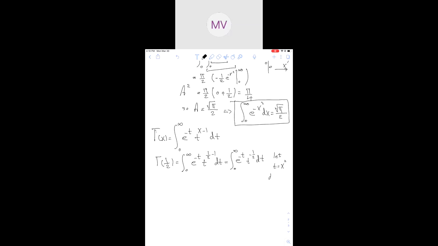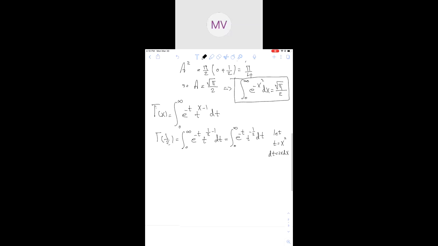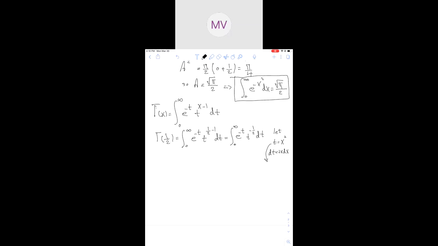First of all, dt is 2x dx. Good. And from here, if you raise both sides to the negative half, you'll see it's going to be x to the negative 1, which is 1 over x. Good. All right, now let's substitute.